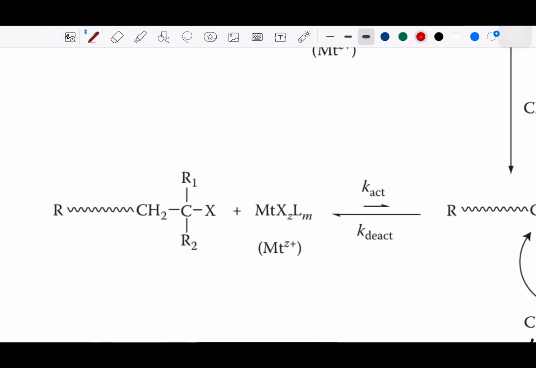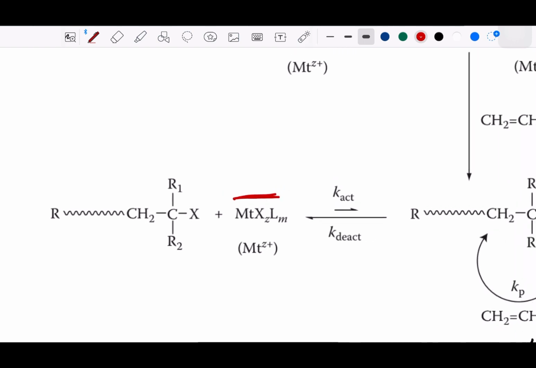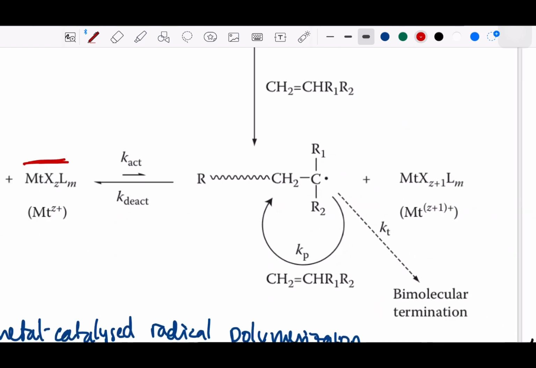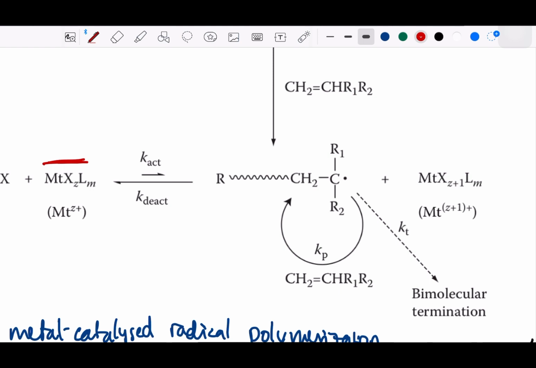Now this is how the radical is trapped inside. So we are going to use these metal complexes. If we want to activate it, then we can adjust the metal complex, and then we can take this into a radical, so we can make this side active. And then by itself, it can add more monomers, more and more, or it can terminate by itself because it has a radical.